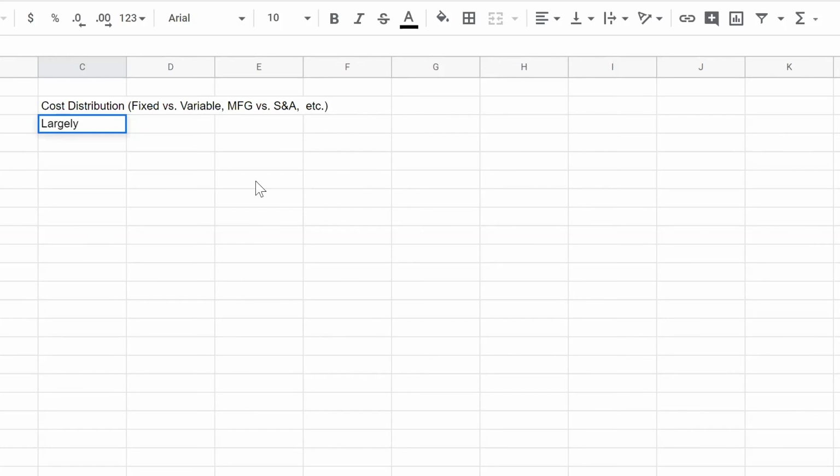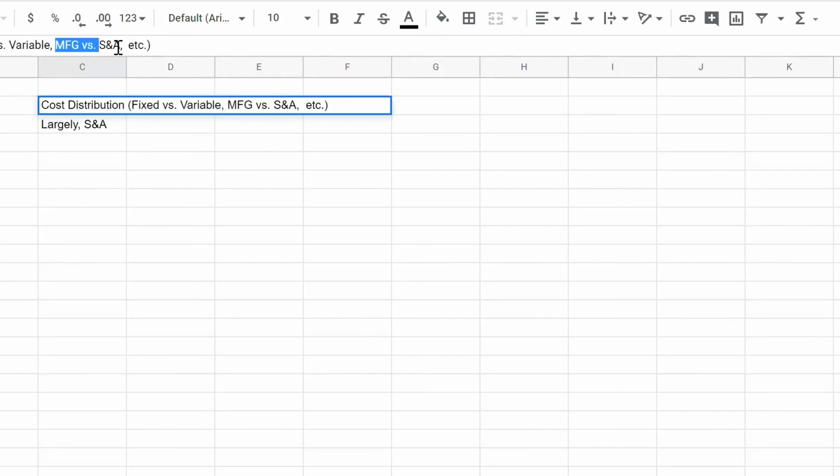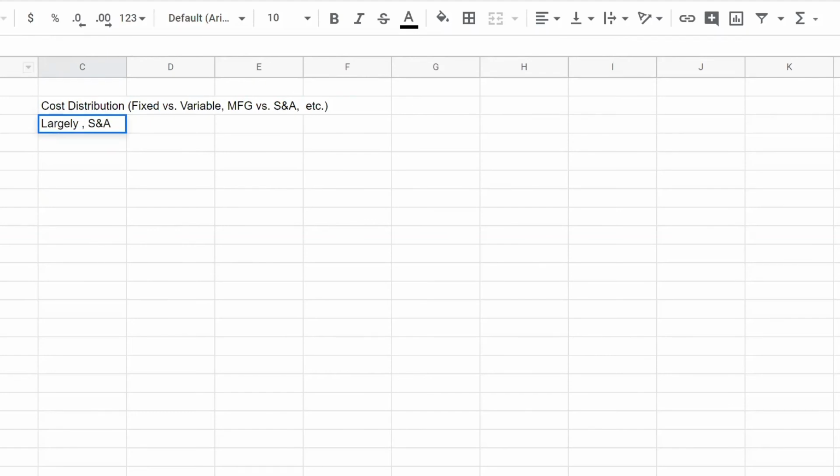The other thing is, as a startup, you're probably not going to be spending a lot on labor in the first place, and most of it is focused on selling and administrative. So these two little acronyms are manufacturing versus selling and administrative. Our labor cost is largely focused on the back end of that, and largely fixed.